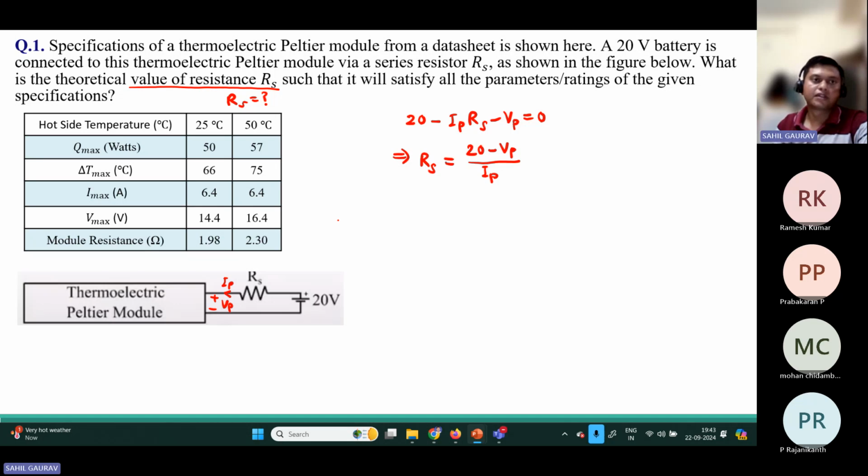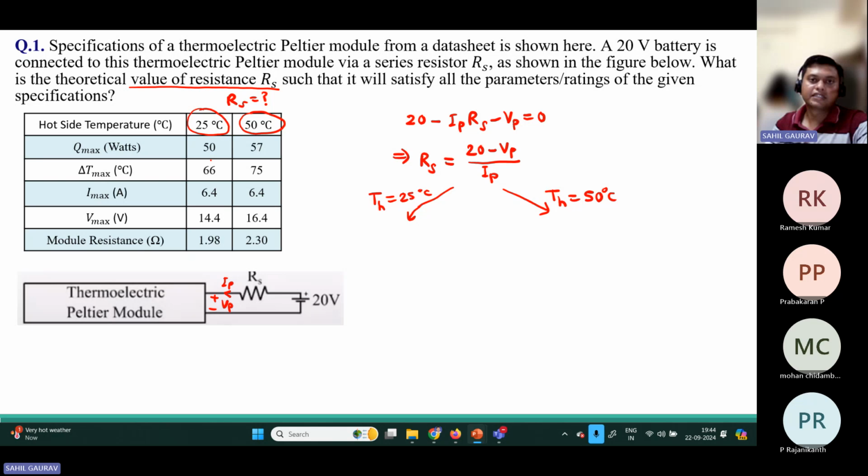Here two temperatures are given, one for 25 degrees Celsius and one for 50 degrees Celsius. As it has not been specified, let us find for both cases and then select the answer. First we take the hot side temperature as 50 degrees Celsius, and here we take it as 25 degrees Celsius.